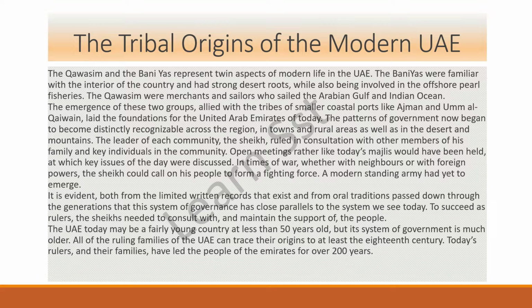And these two tribes represent the twin features, the twin outlook of the modern life in UAE. Now with regards to Baniyas, they were familiar with the interiors of the country and they had very good desert routes. That means they knew everything of the interiors of this region.